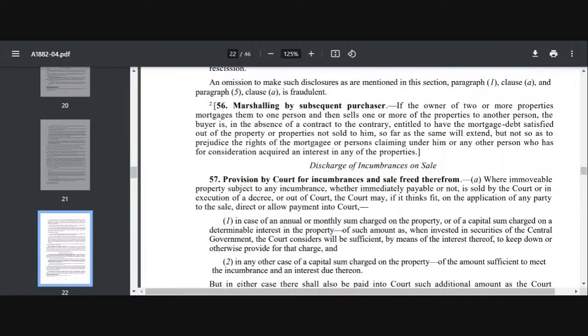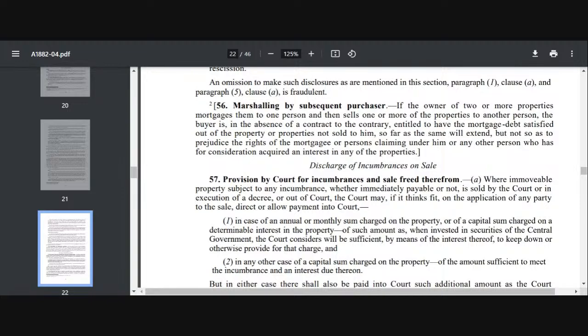So if you are buying a mortgaged property, you have a right to arrange things in a way that you can tell the mortgagor that first he should satisfy the mortgagee's entire money from the other property. If that is not satisfied, then he should come and have a claim on his property. So this right of marshalling is available to a purchaser, whether he has a notice of mortgage or not.